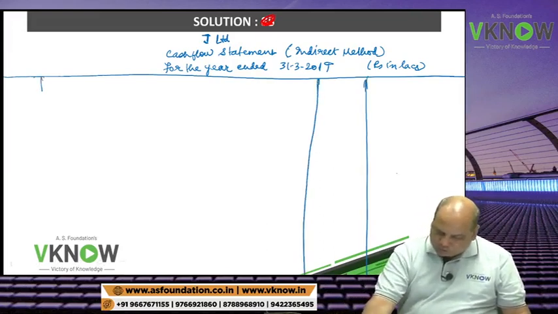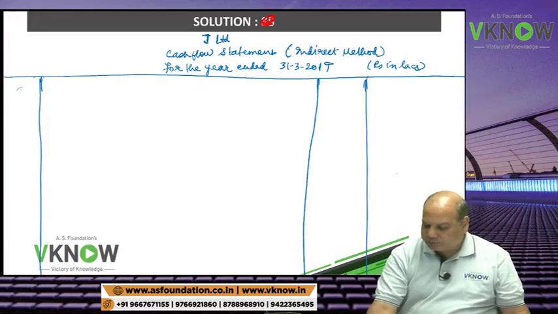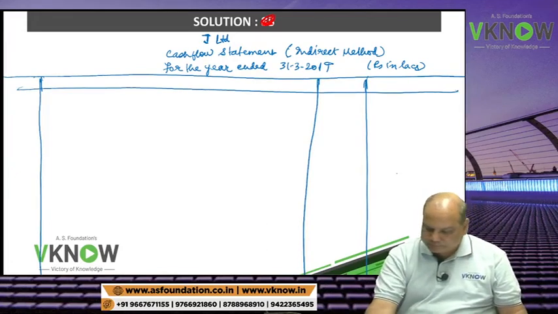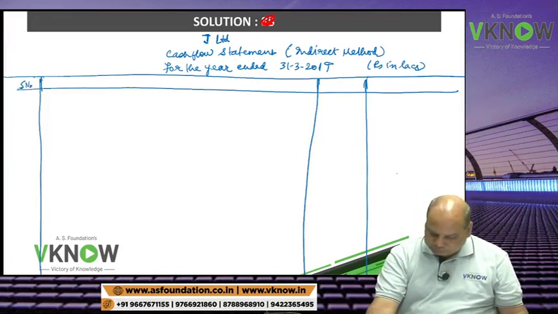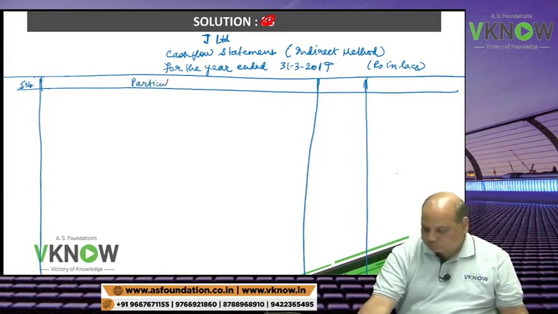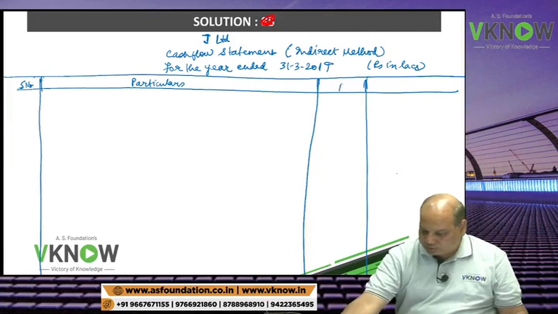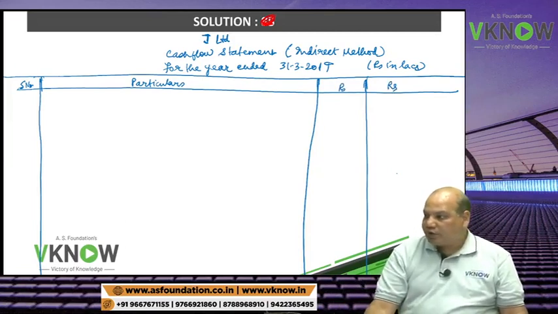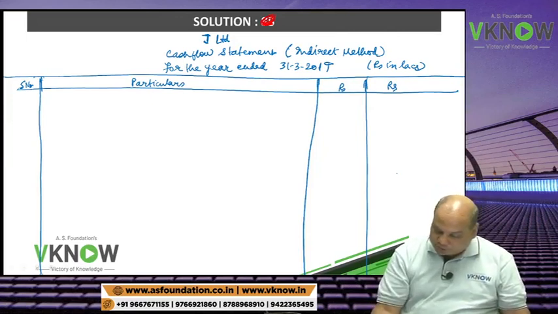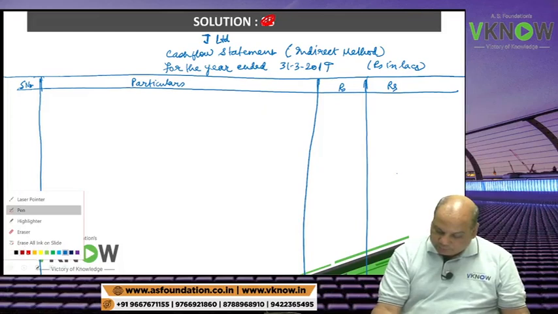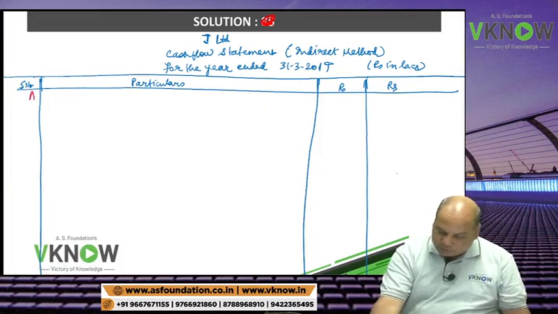Then you draw two columns on the right side. First we'll draw the format: serial number, particulars, rupees and rupees. Format is important so that you can solve quickly. Without format we can't solve.